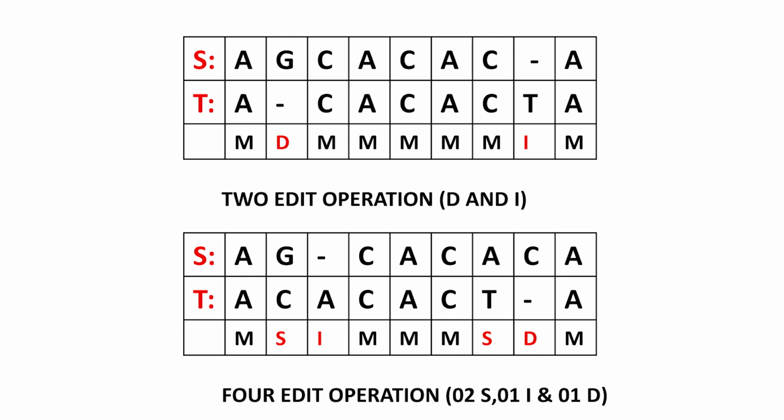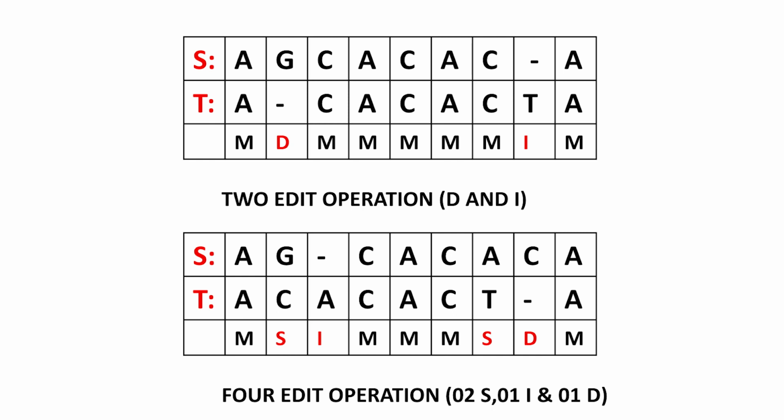Similarly, in the other case, once again you can count the characters from the source and target. The source is A, G, gap, C, A, C, A, C, A. So, the length of characters is 1, 2, 3, 4, 5, 6, 7, 8, 9.